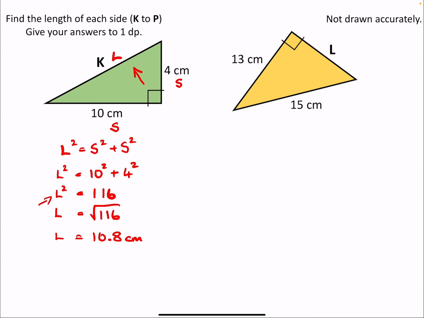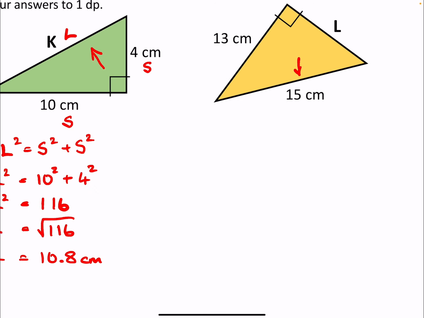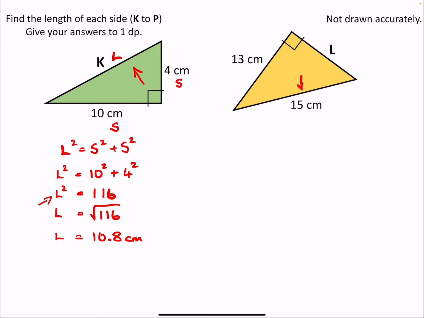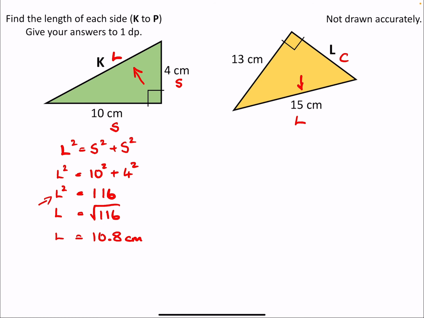Now, other example. The other example looks at finding a short side. So, first steps again, label your triangle. So, long side's opposite the right angle, and the other two sides are the short sides.